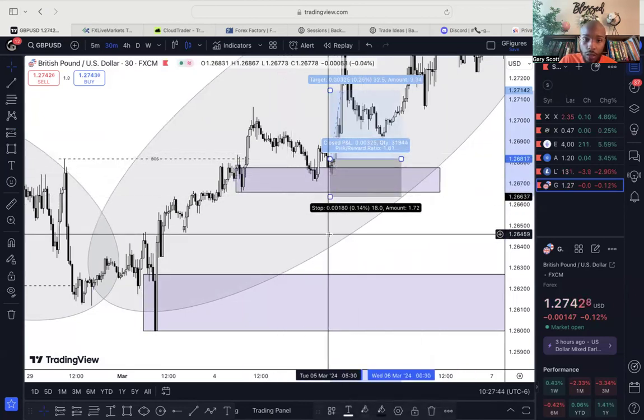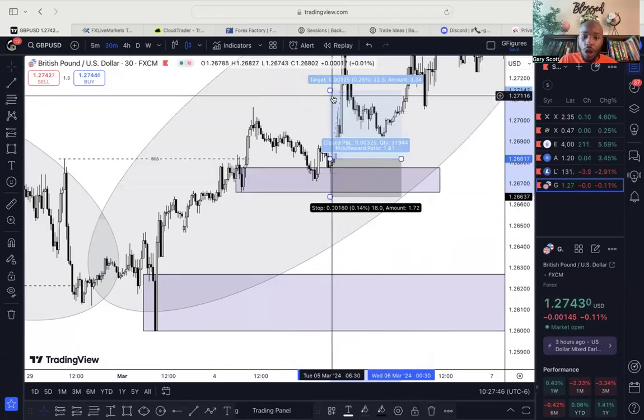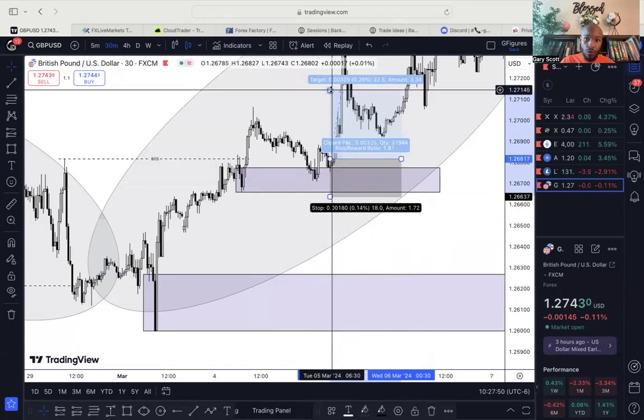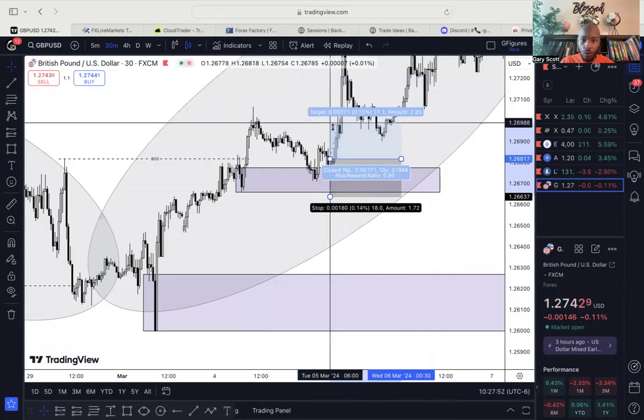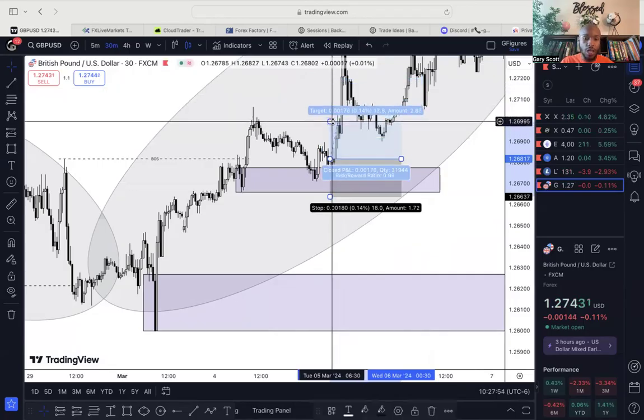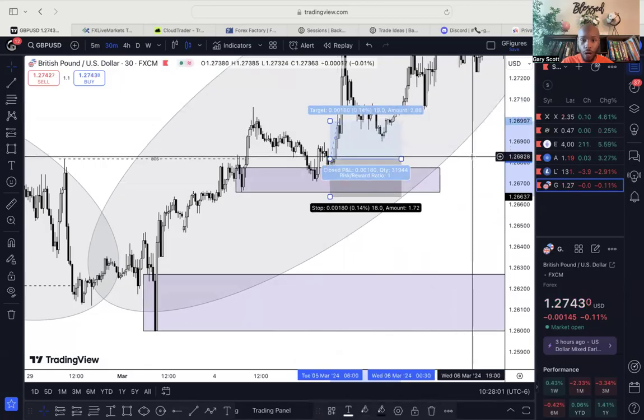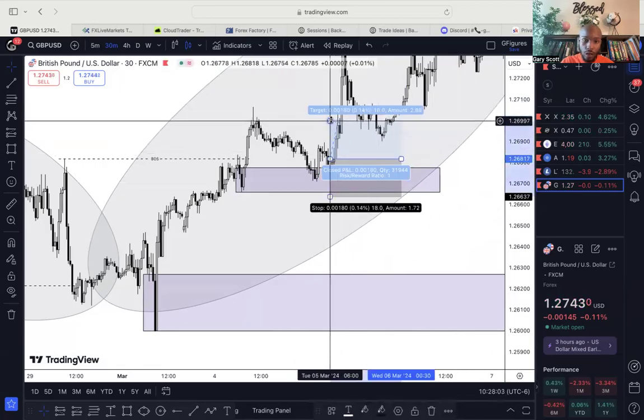Your order block. And we always want to go for a 1-to-1, or a 1-to-2, or even a 1-to-3. A 1-to-1, of course, means your take profit needs to be the same distance as your SL. And then boom.